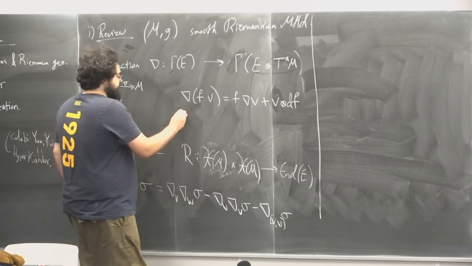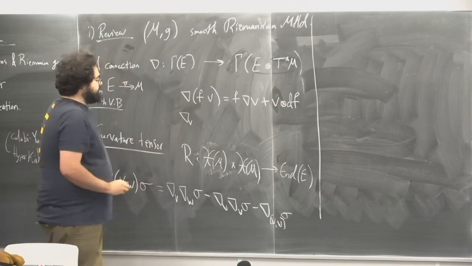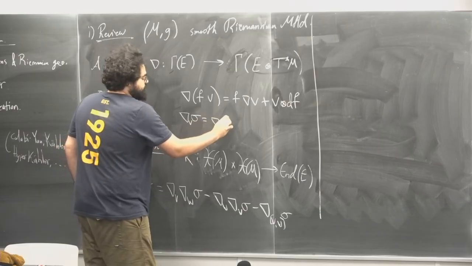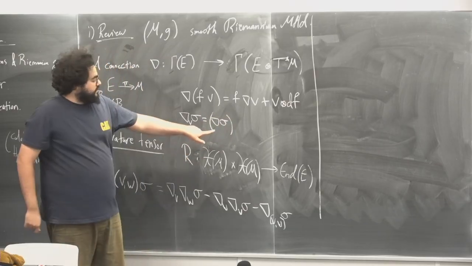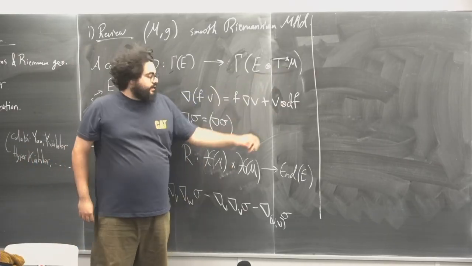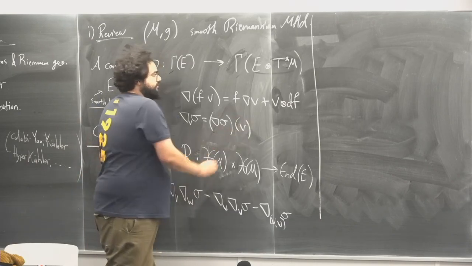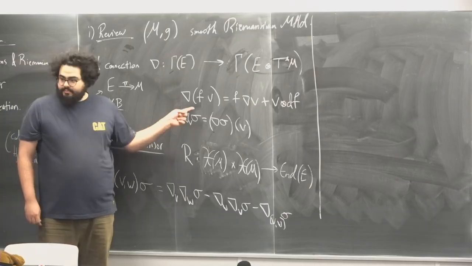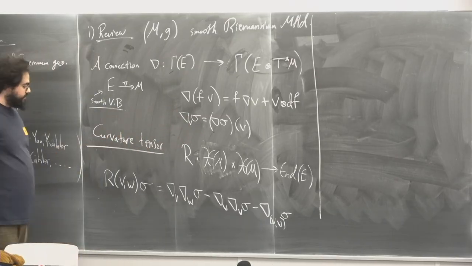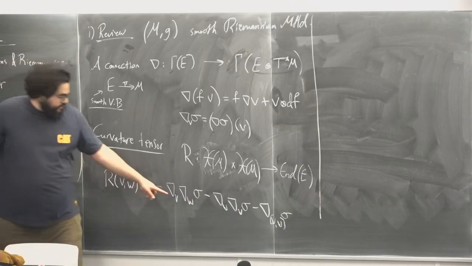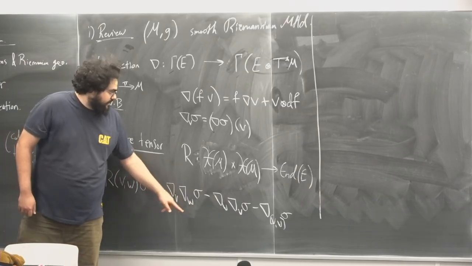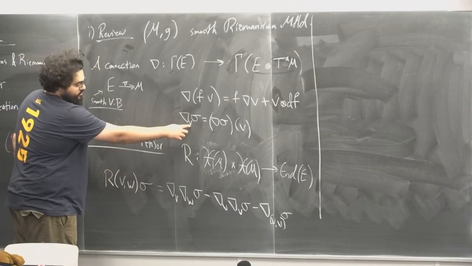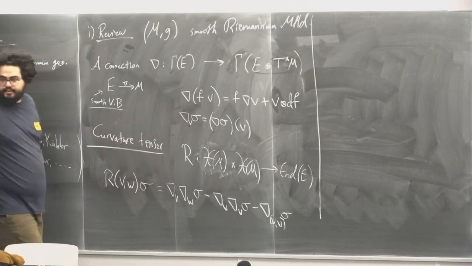So nabla sub V means do nabla sigma, and now this thing has a one-form in it, and feed it a vector V from the tangent bundle. That's what we call nabla V. So you're just contracting with a vector. That gives us an operation nabla W, and it satisfies all these nice relations, like it's C infinity linear in this object here.